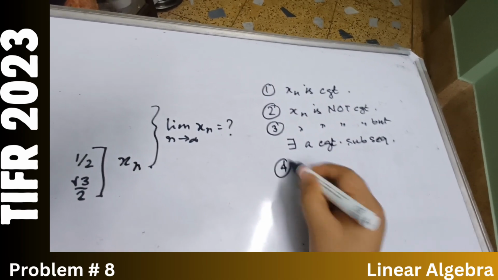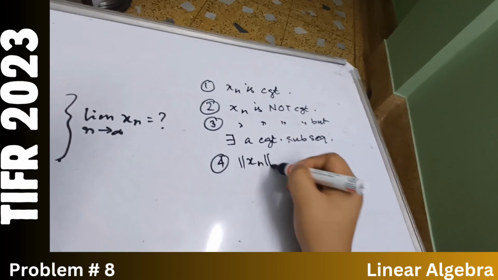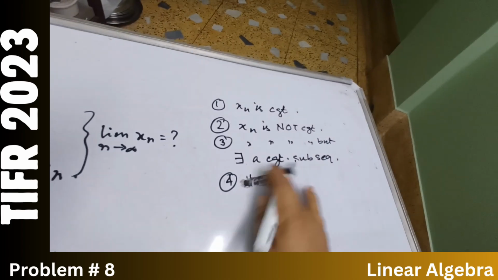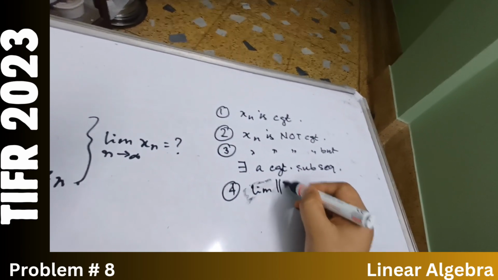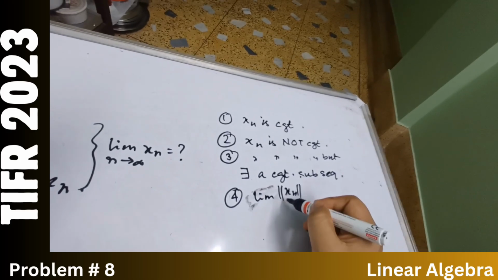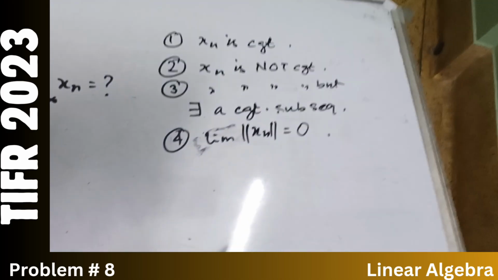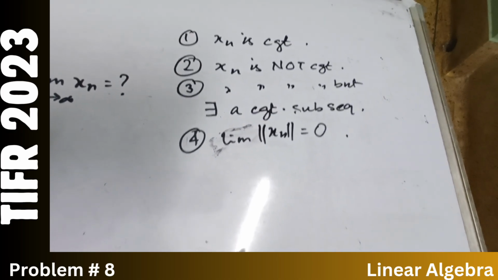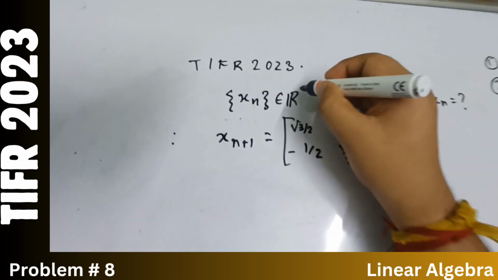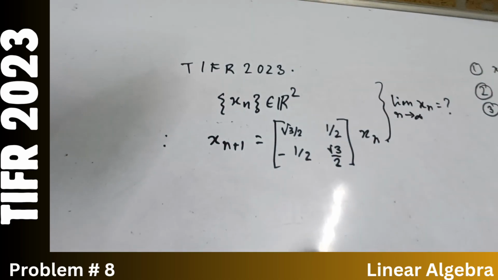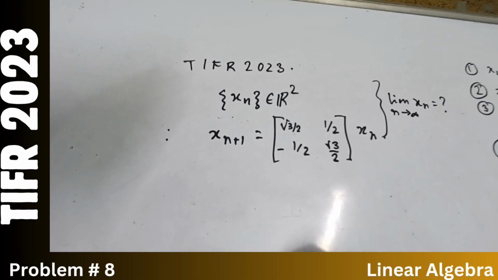And number four, the norm of xn, I'm sorry, the limit of the norm of xn is equal to 0. These are the basic four options. There is another catch: this sequence belongs to R2, so all the elements belong to R2.